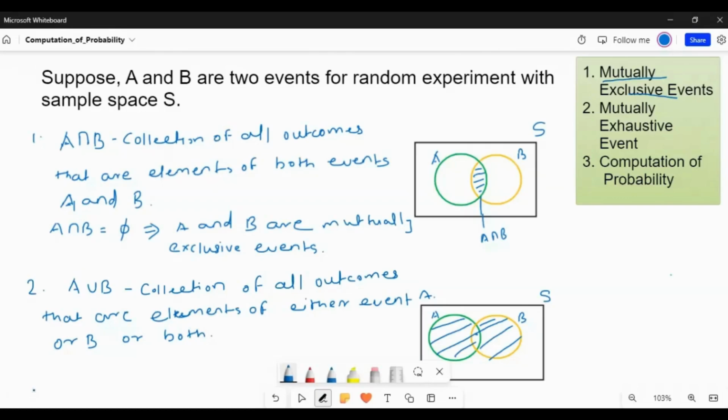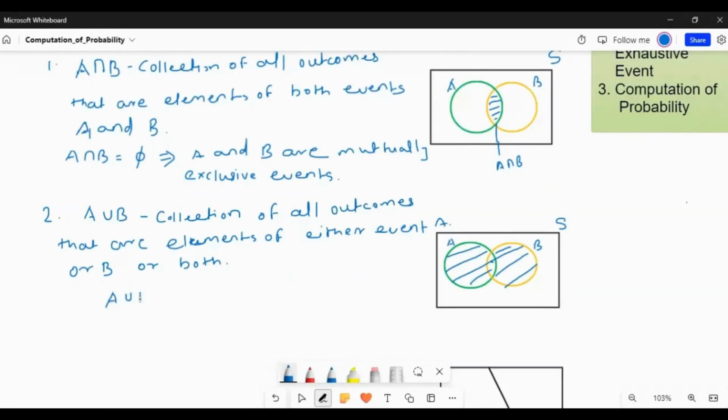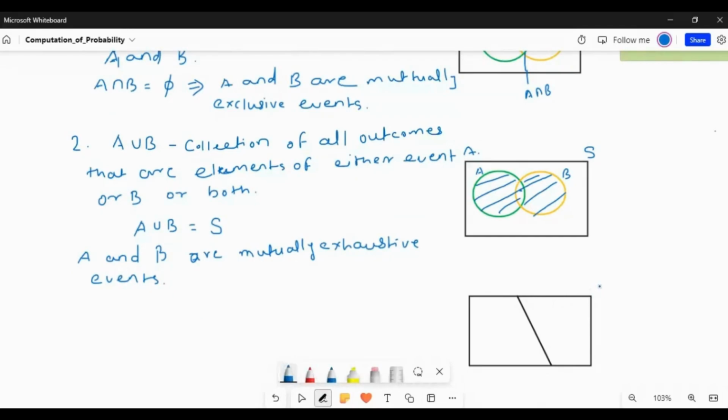So suppose A union B is equal to the sample space, then we can say A and B are mutually exhaustive events. This is the sample space, and suppose this is the event A and this is the event B. Then here A intersection B is equal to phi.